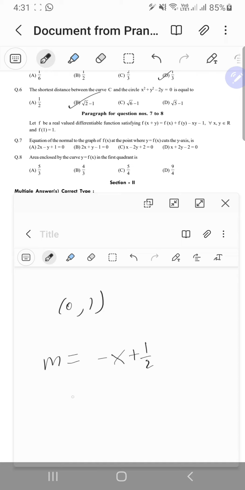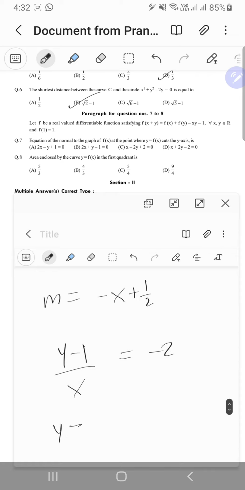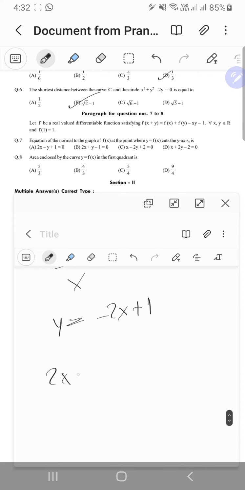That is the slope of the tangent, so minus 1 by 2, oh sorry, 1 by 2 would be the slope, and then minus 2 would be the slope of the normal. So y equal to negative 2x plus 1, or like 2x plus y minus 1 equal to 0. So it should be B.